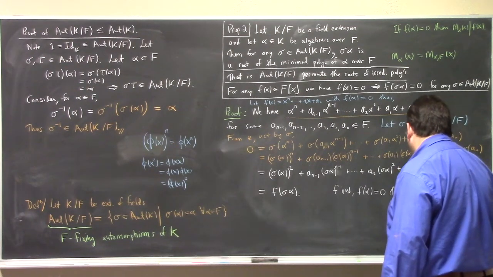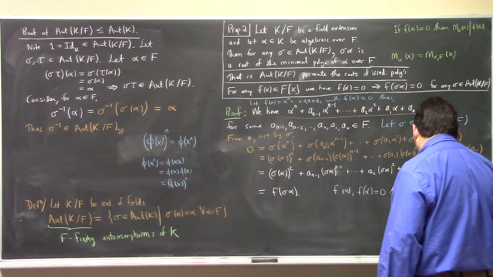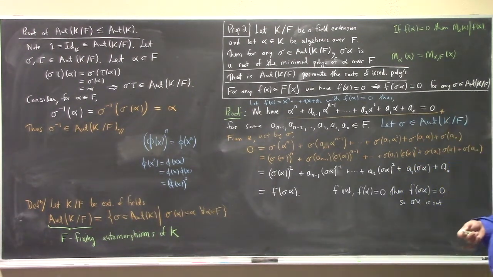So sigma alpha is a root. I'm just saying that this equation being generally true, it's still true in the case of an irreducible polynomial. We did not assume irreducibility of f here at all. And what does it mean to permute? It just means it's sending one root to another root.